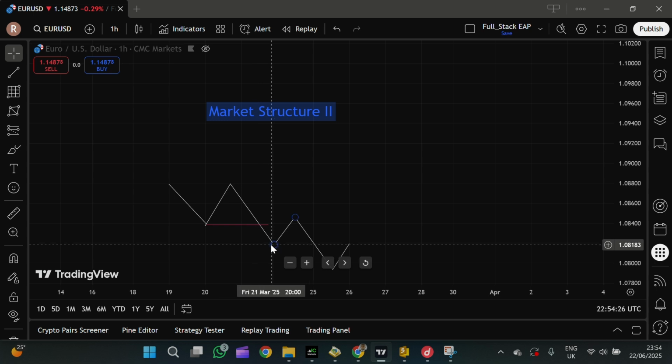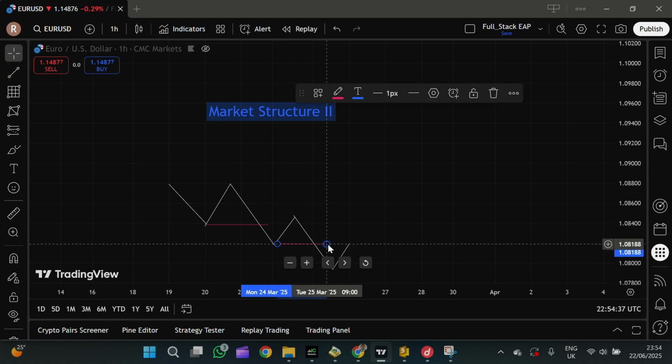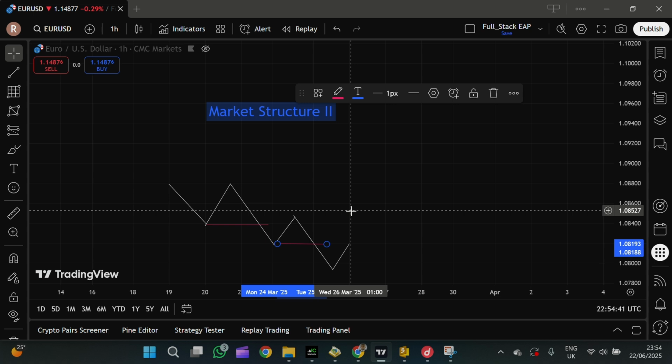So a lower low, all right? So now it moved again upward and broke it here, broke it here, all right? So you can imagine and you see that this is the character of a bearish trend. So this is what you need to see to understand that the market is actually bearish, all right?